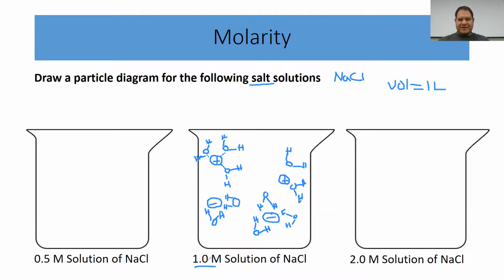So if this represented 1 mole, what would a half mole of salt solution look like? You would see half the number of particles in your diagram, because since this is a full mole per liter, the other should have half the number of moles per liter. So here I would have maybe 1 positive and 1 negative ion, half the number of ions, surrounded by water molecules.